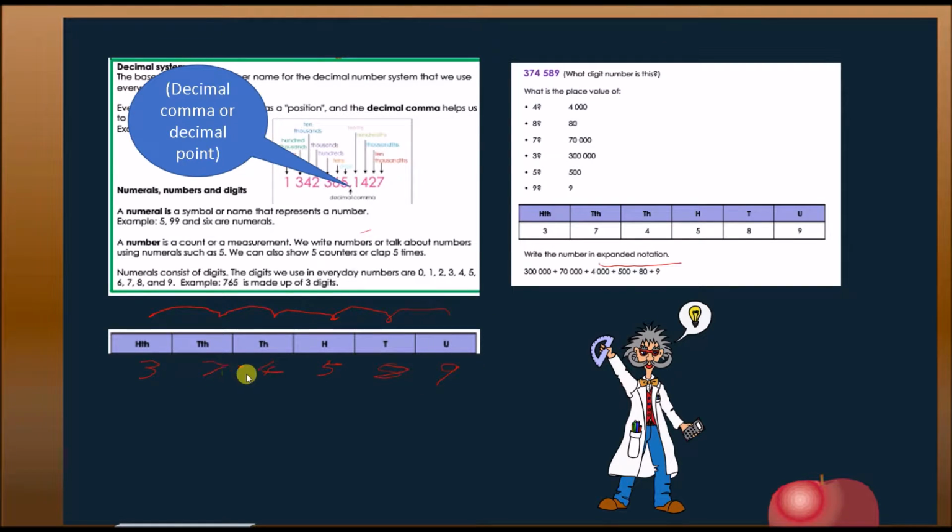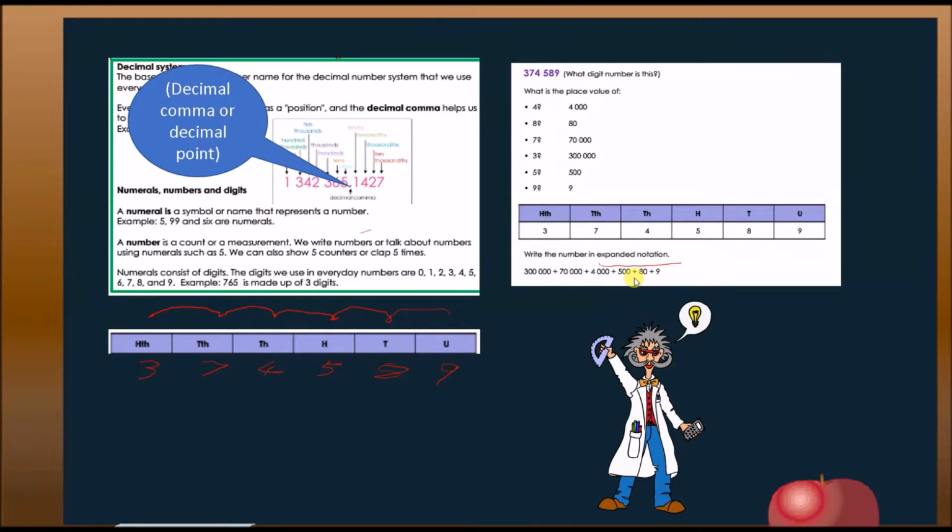We can also write this number in what we call an expanded notation, which will be 3 times 100,000, which is 300,000. Plus 7 times 10,000, which is 70,000. Plus 4 times 1,000, which is 4,000. Plus 5 times 100, which is 500.